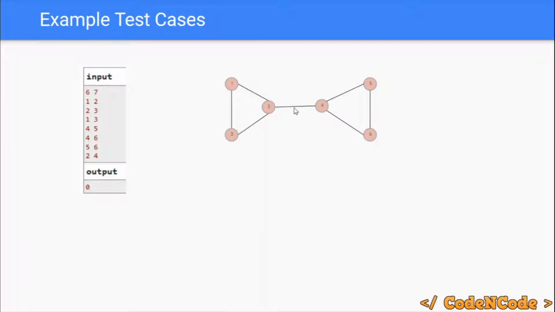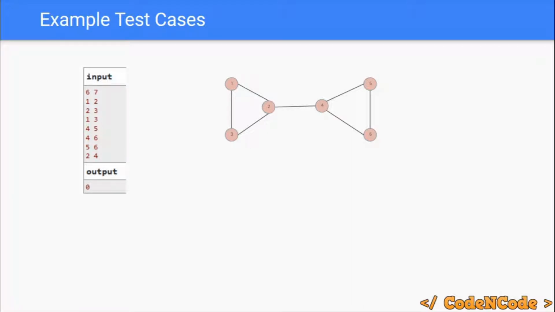Or if you assign the edge from 4 to 2 this way, then there is no way from these nodes to reach these nodes. Basically if you orient this edge in any way, then the graph is not strongly connected, or there is no way for some nodes to reach another, and that is not what we want.